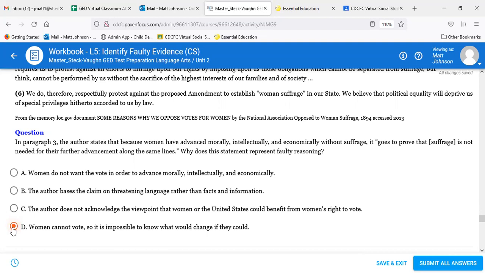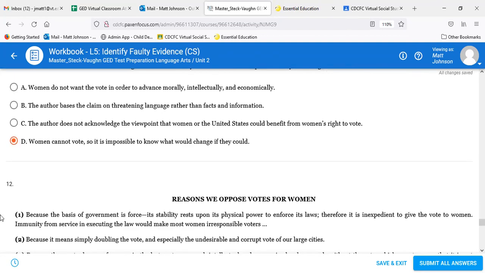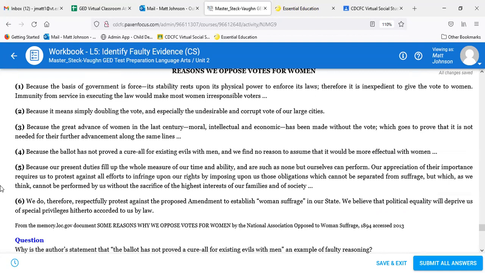How much better may their situation be if we give them the vote? It's just one of those things. It's like, well, they're doing well enough. So, why do we need to bother with this? That's largely what it's saying there. So 11 is D. Really fun readings today.